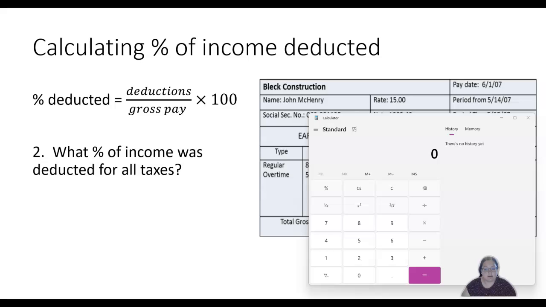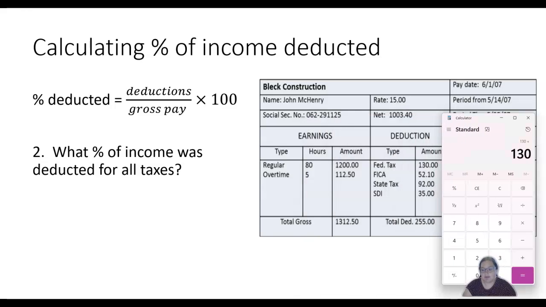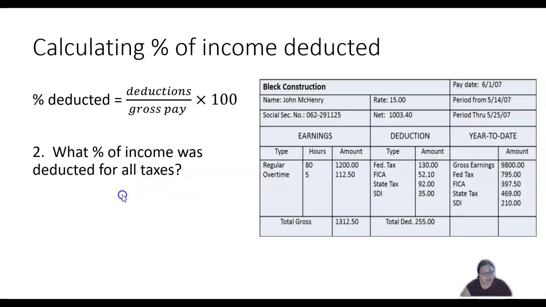All right, so that gives us 274.10. Now, I do see that that's more than the total deductions. There's something that's going on with this pay stub. I didn't catch it until now, and I can't change what's printed in your paper at this point. So we're just going to run with that. It's 274.10 for our total taxes.